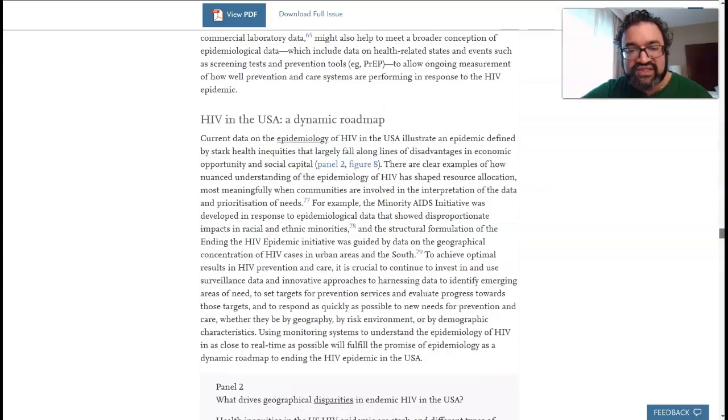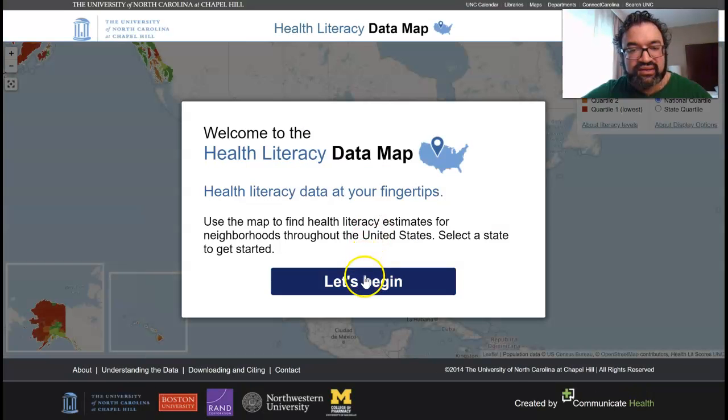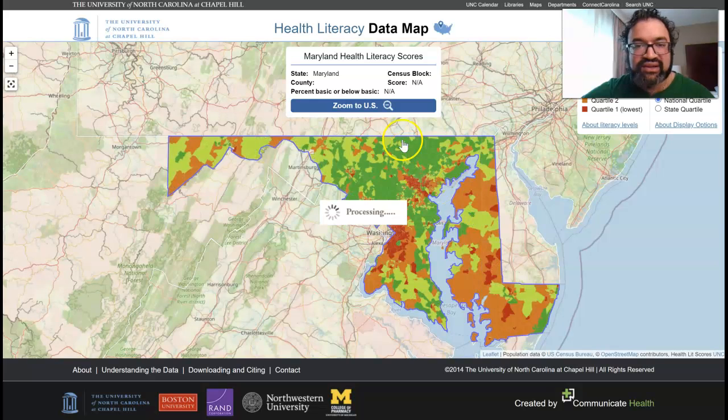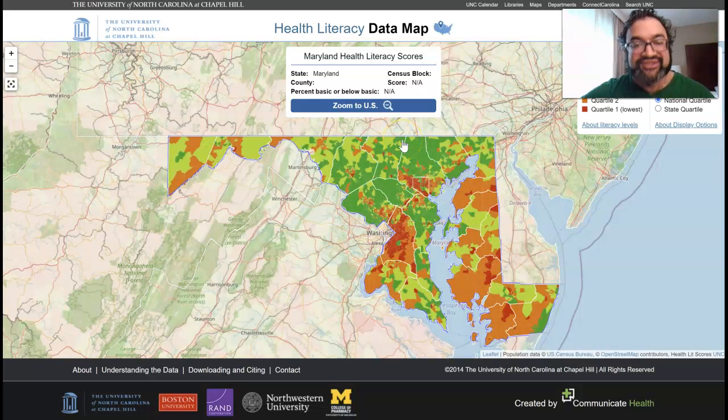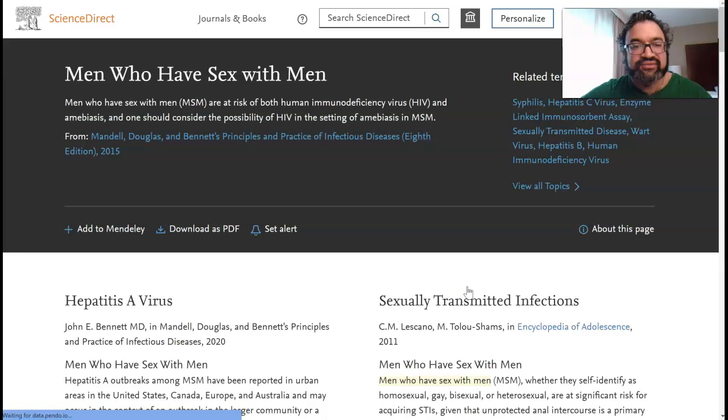And especially if you see in this article any highlighted terms, please click on them and take a look at what this leads to. This one, lo and behold, leads you to a health literacy data map, which shows you specifically where there are higher and lower rates of health literacy scores. You can jump to this, and it quickly gives you an idea and sense of what that is.